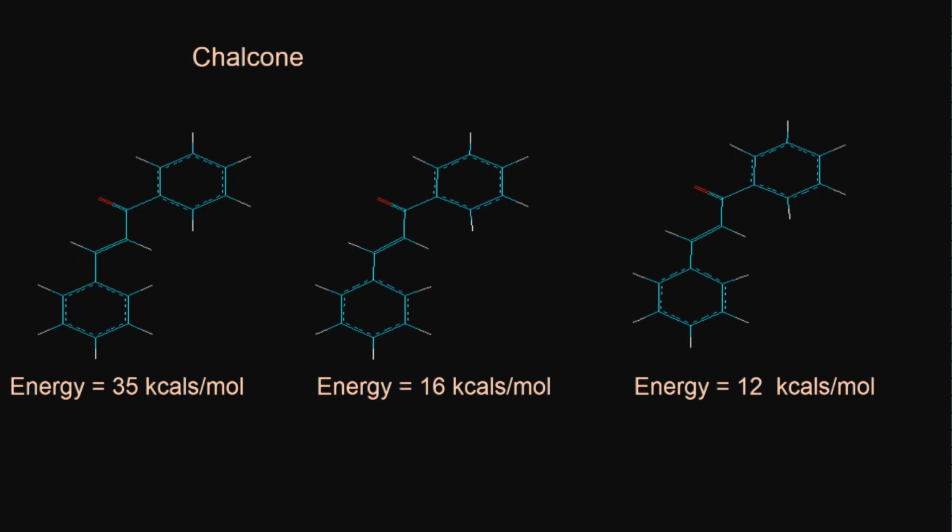Depending upon small changes in the conformation, you see a lot of difference in these energy values. We will continue more on this topic of conformation and minimum energies. Thank you very much for your time.